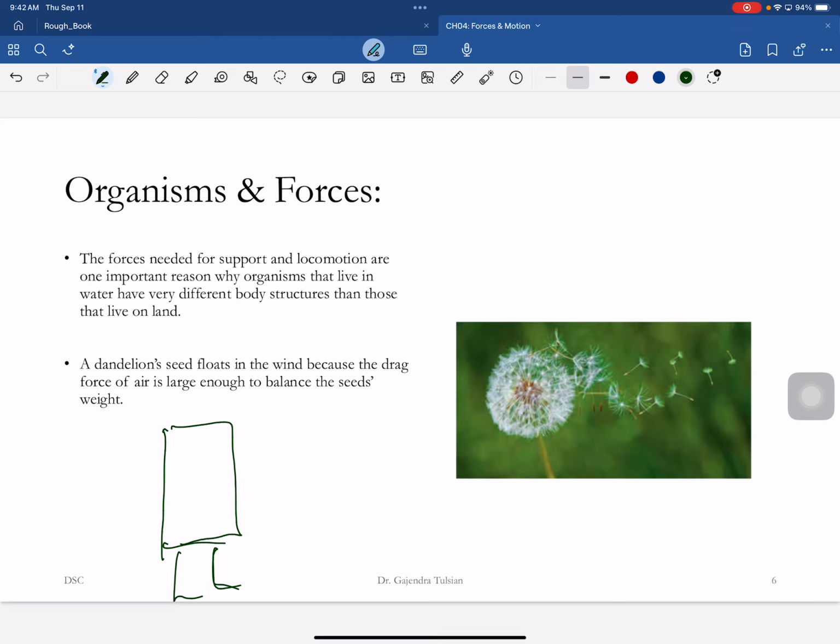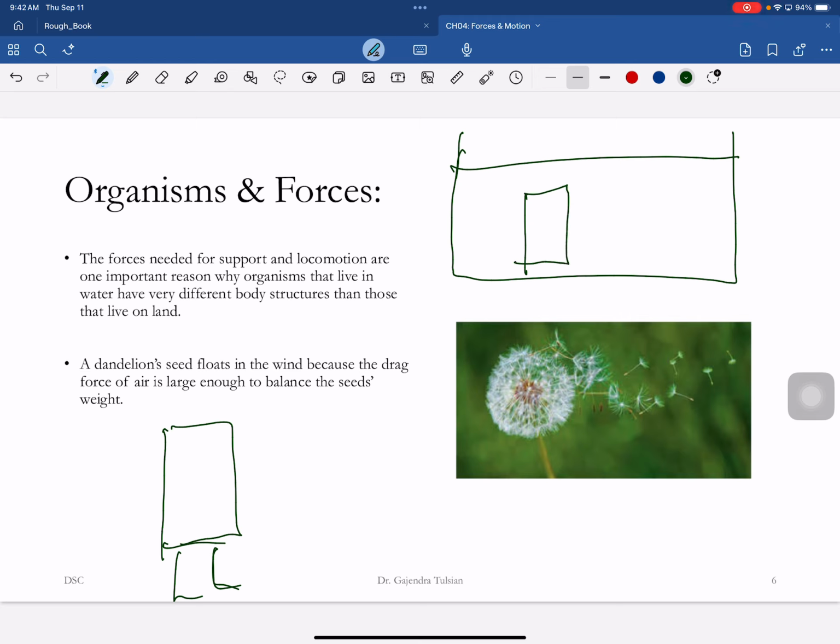Now let's say I lived underwater. Underwater, Earth would still be pulling me with a force of 165 pounds. But if you're underwater, the water pushes you up. That's called the buoyant force, and it is almost equal to your weight.